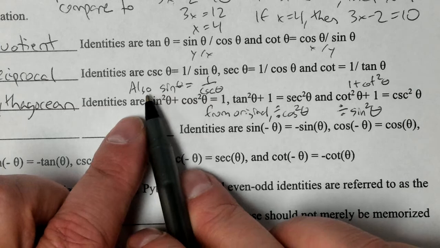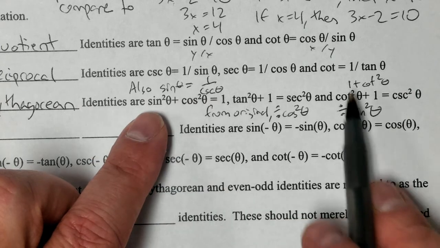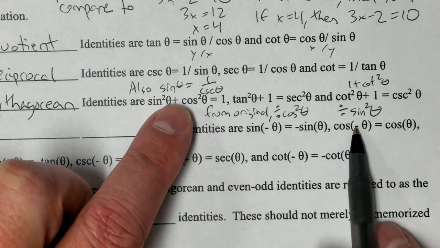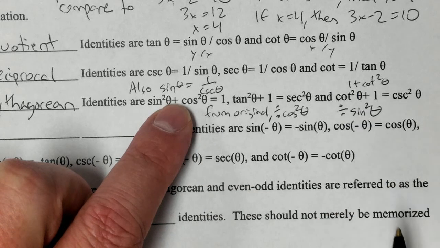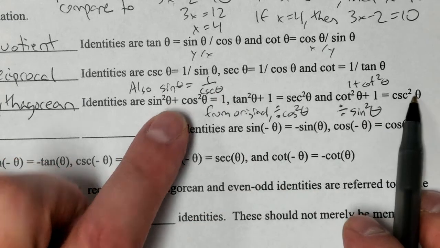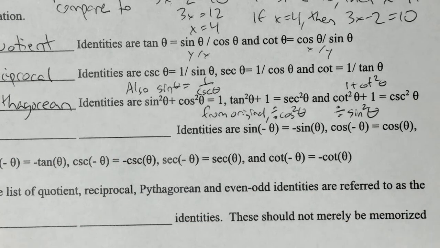So if you do sine squared divided by sine squared, you get 1. And if you do your cosine squared divided by sine squared, you get cotangent squared. And if you do 1 over sine squared, that's cosecant squared. Yeah, so it all comes from that one identity.